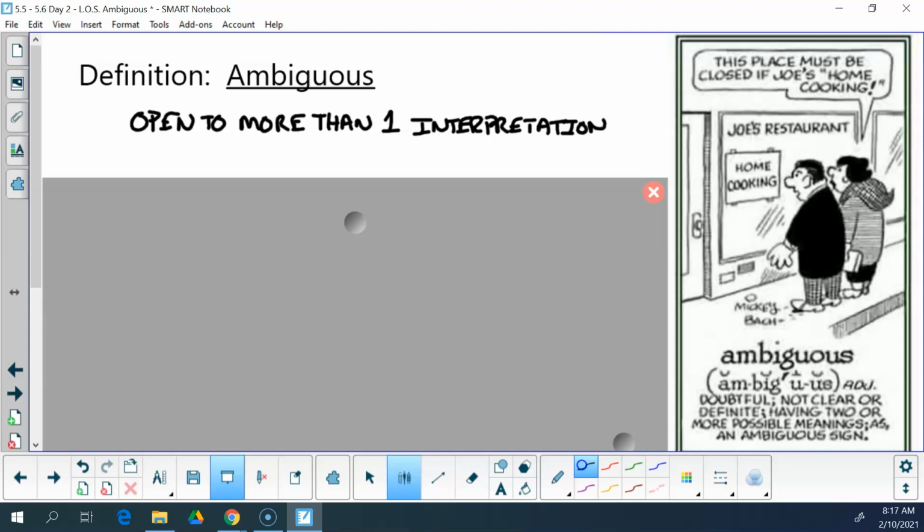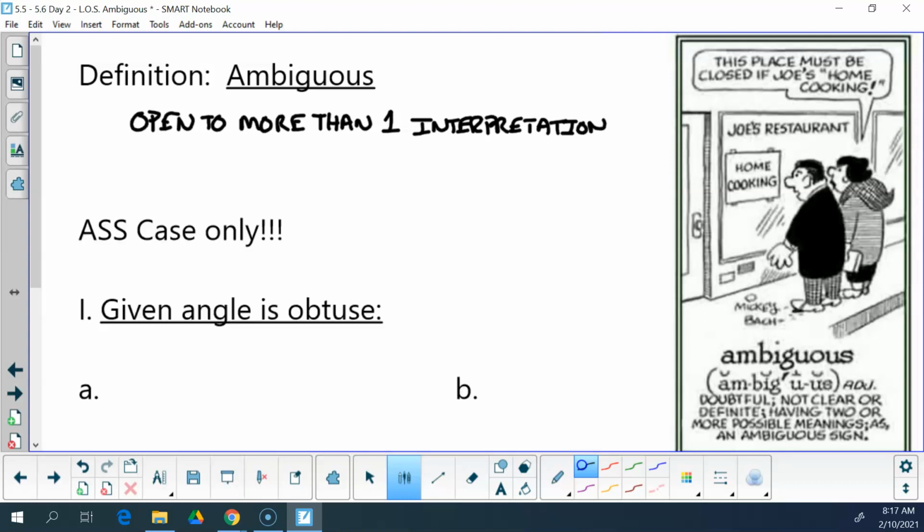So the ambiguous case only happens when you are given the angle, the side, and the side. It's the easy way to remember it. If you see an ass, it's ambiguous. So if you have the angle, side, side case, it is the ambiguous case only.